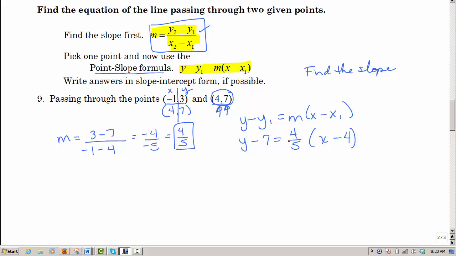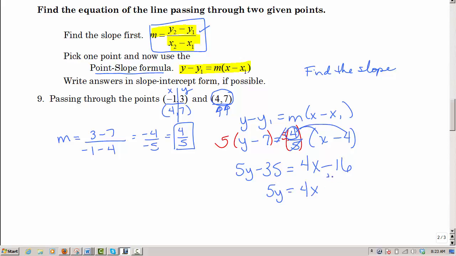Now I'm going to get rid of the fractions by multiplying by that denominator. I'm going to distribute. What happens on this other side? That's right, the 5's reduce, and I just distribute the 4. And I'm going to add 35 to both sides. That's going to give me, what, a positive 19.